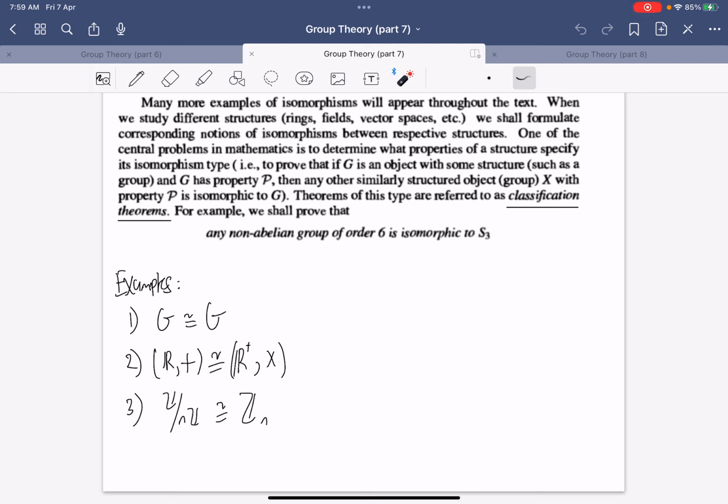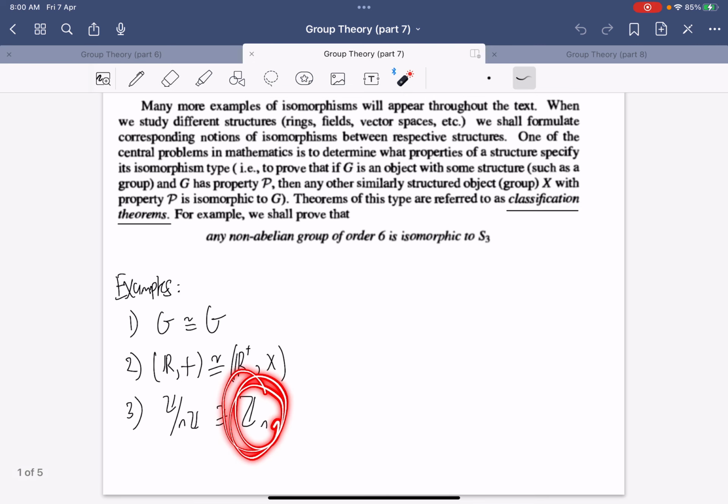And so other examples of isomorphic groups will be, of course, G is isomorphic to itself. The real numbers with addition is isomorphic to the positive real numbers with multiplication. Just use the map e^x. And now we can say that the set of cosets Z over nZ, so this is the quotient group, is isomorphic to the remainders mod n in the integers.